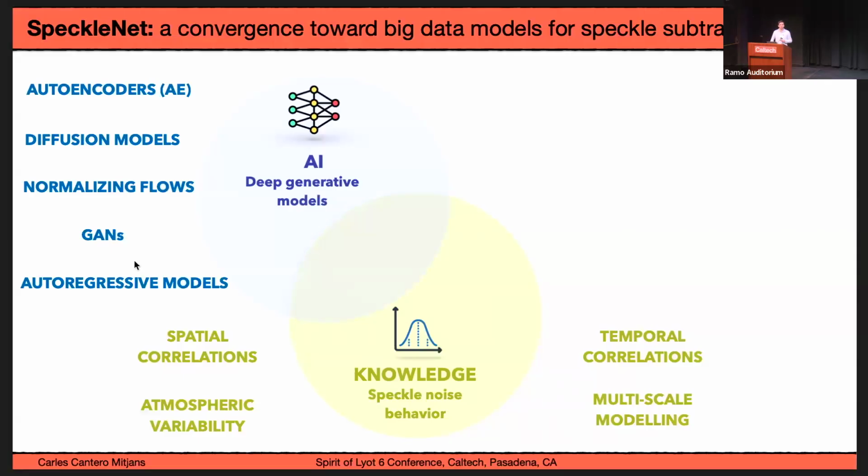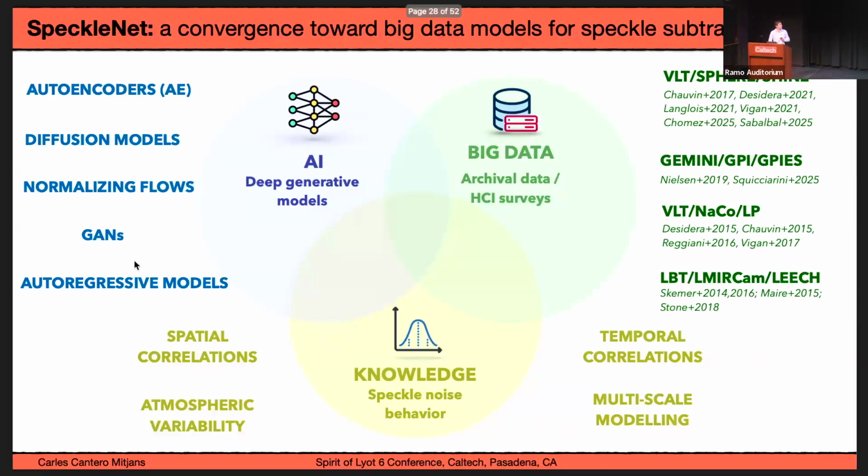Maybe 20 years ago, no, or 15 years ago, no. But now we have the technology to go to nonlinear latent spaces and to capture the real manifold of the speckle data. With that, we can use real, tested technology that we are not using yet in high contrast imaging. The third pillar is that we are starting to have big archival data from high contrast imaging surveys that we can use for this technology.